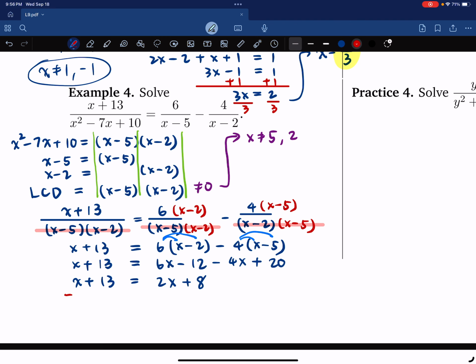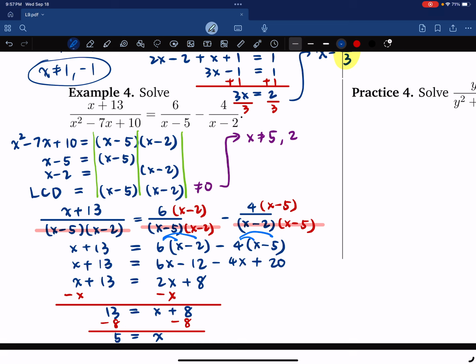I'm going to move x to the right-hand side, and this will give me 13 equals x plus 8. And then we will subtract 8 from both sides, and this will give us 5 equals x.